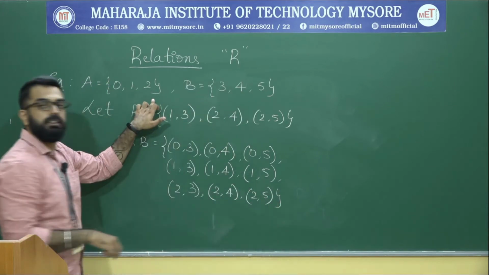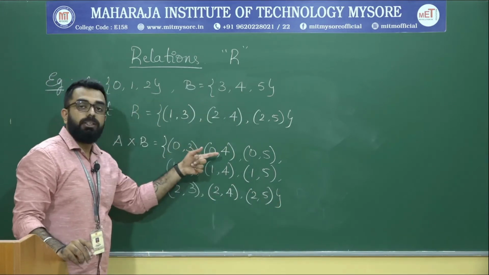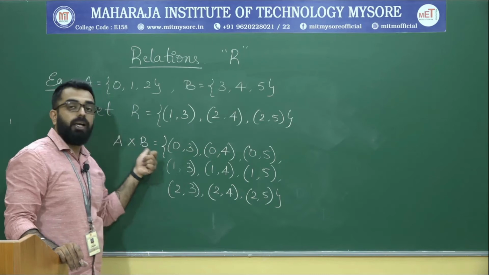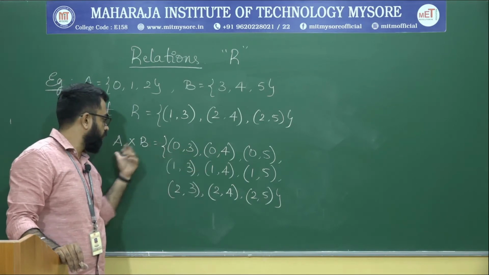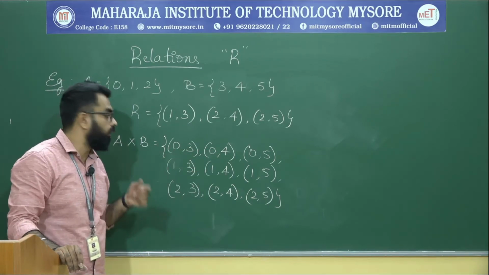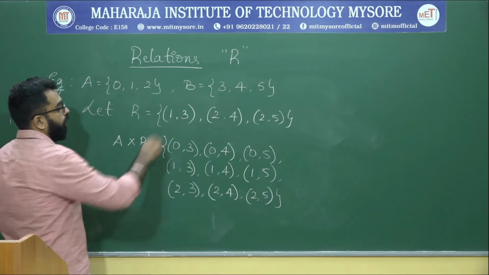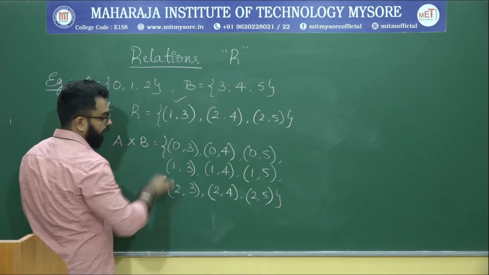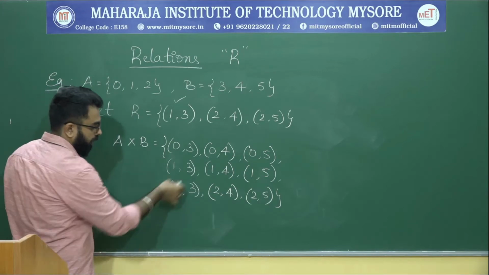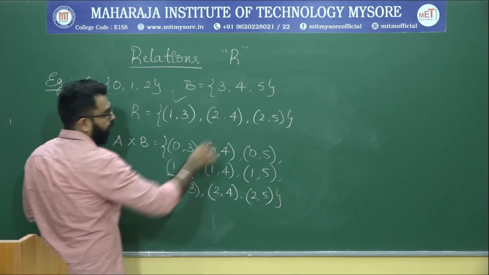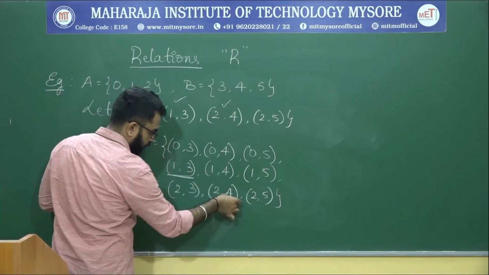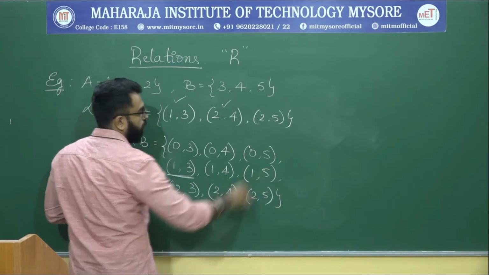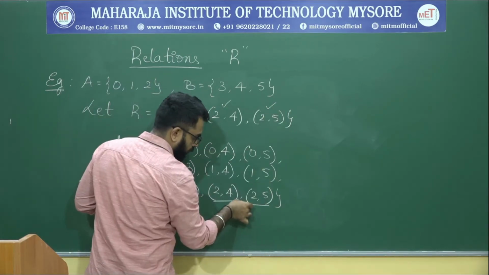Now identify whether I have 1, 3 in A cross B. Yes. What about 2, 4? Yes, it is there. And 2, 5? Yes, also there.